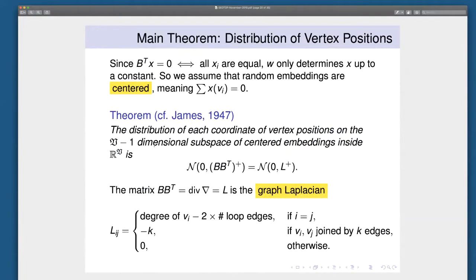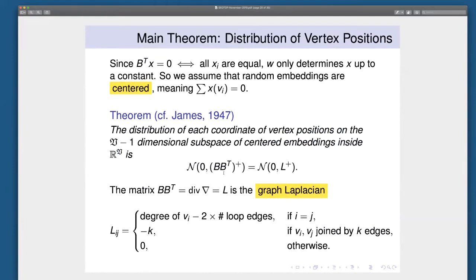Okay, so the theorem then is that if you push forward a Gaussian through a linear map, the covariance matrix of the linear map is transformed in this way.